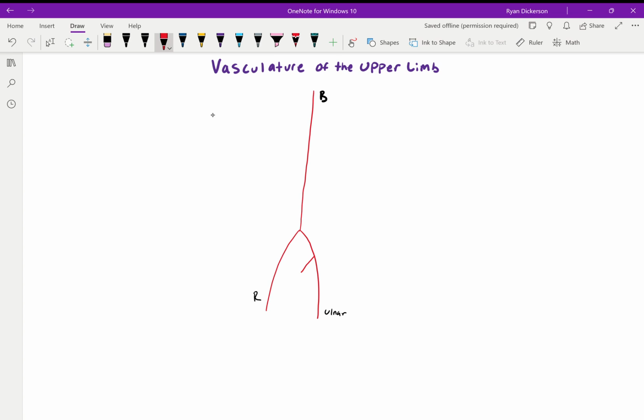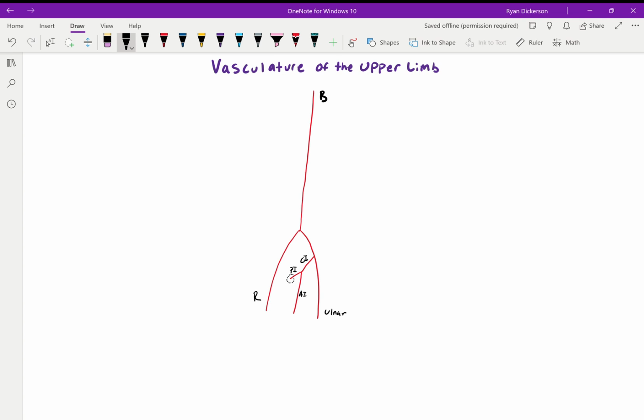The common interosseous artery is going to bifurcate again into an anterior interosseous artery and a posterior interosseous artery. So we have our common interosseous bifurcating into an anterior interosseous and posterior interosseous. Now that posterior interosseous artery is actually going to pierce the interosseous membrane of the forearm and enter the extensor compartment of the forearm.